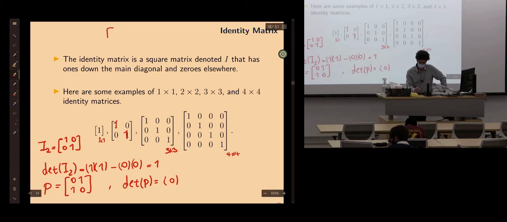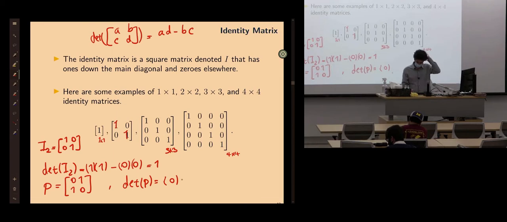So we had A, B, C, D. It was A, D minus B, C, right? So we have 0 times 0 minus 1 times 1, negative 1.